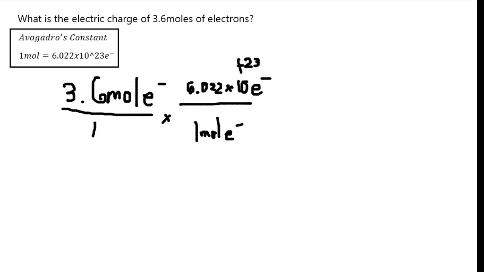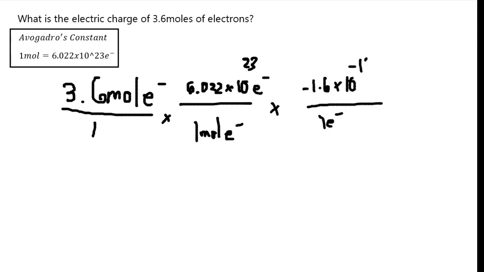Here, this 1 mole can also be referred to as molecules, atoms, electrons, and protons. It's just 1 mole. That is the idea of Avogadro's constant or Avogadro's number.